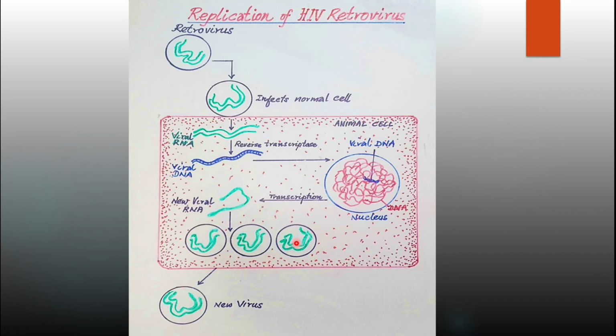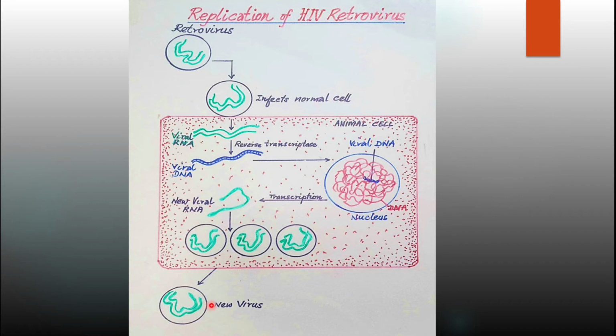So a large number of such viruses enter and attach themselves to the helper T cells, and there is a progressive decrease in the helper T cells. Helper T cells are now destroyed because of this attack of the HIV virus. Remember that the helper T cells actually enable the B cells to produce antibodies.